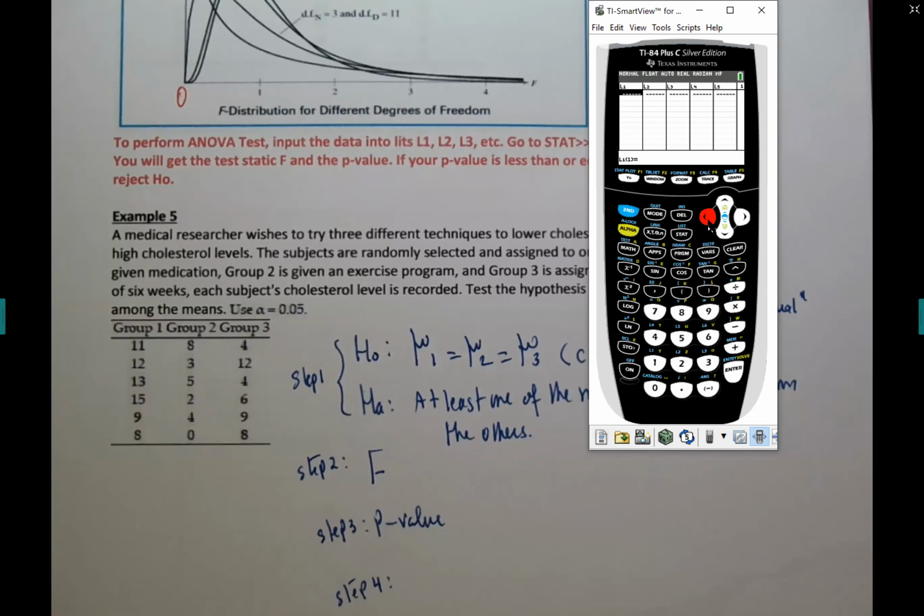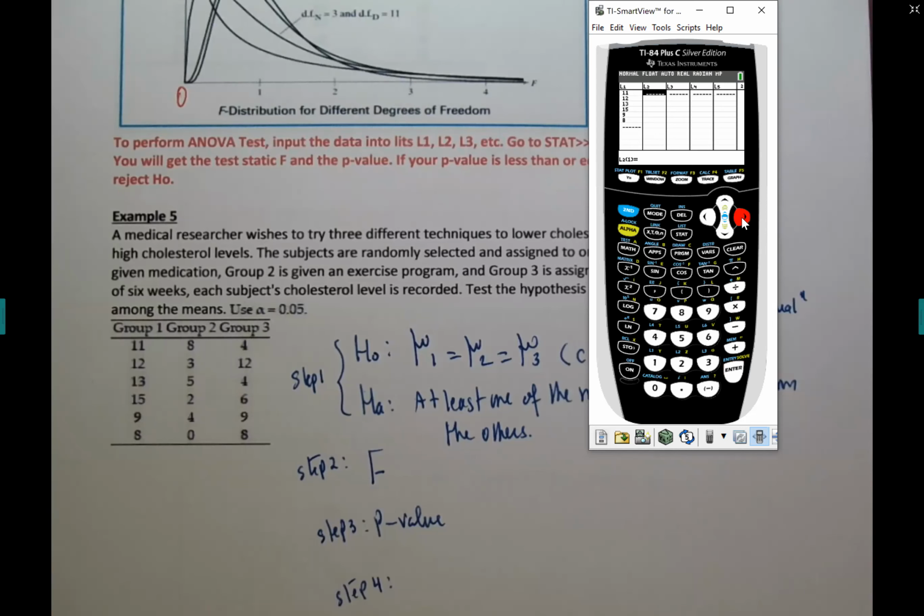L1, what do I have for L1? I have 11. I'm trying to use this calculator so you guys can see the keystrokes, how I'm doing everything. 12, 13, 15, 9, and 8.